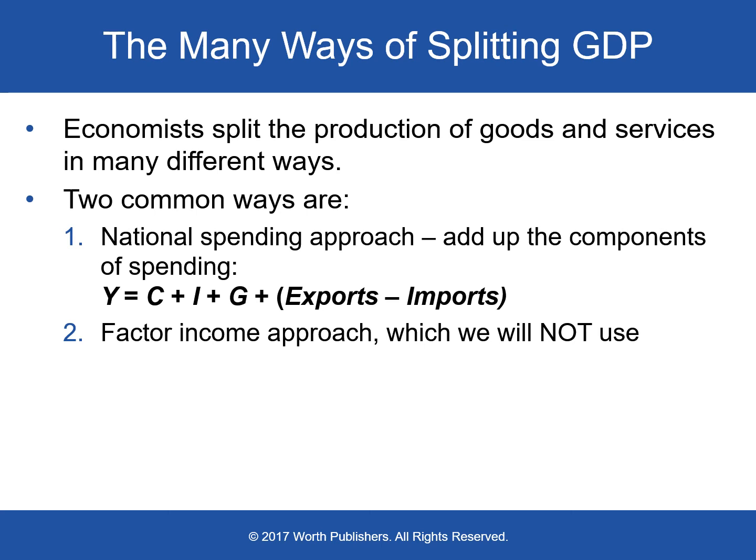Okay, GDP is the total production of finished goods within a country, measured as Y equals C plus I plus G plus exports minus imports. The C here means consumption, so production of cornflakes.